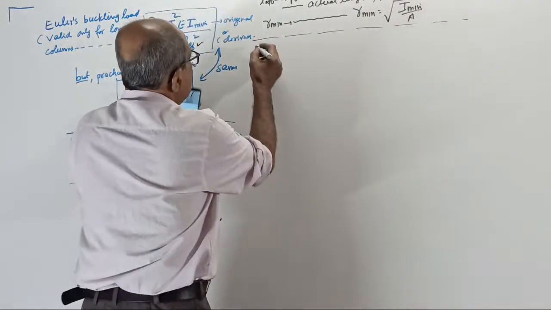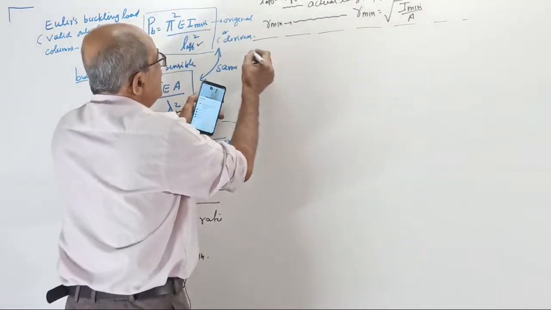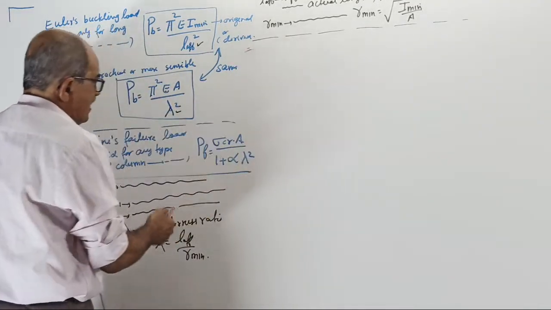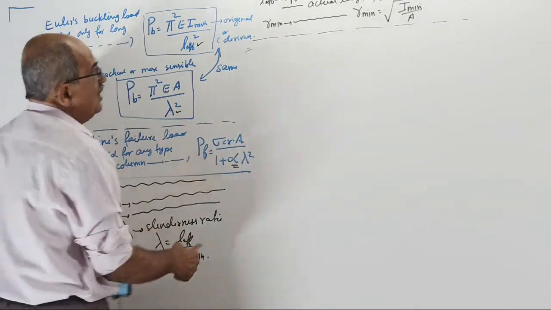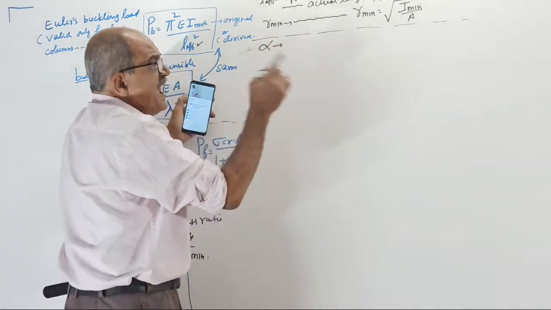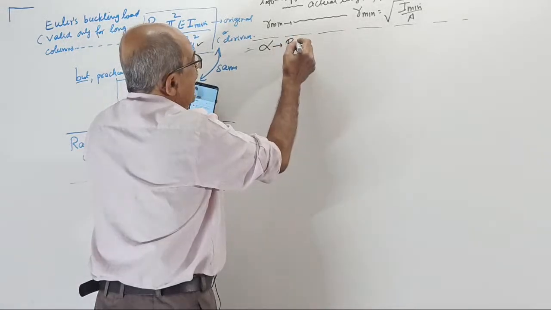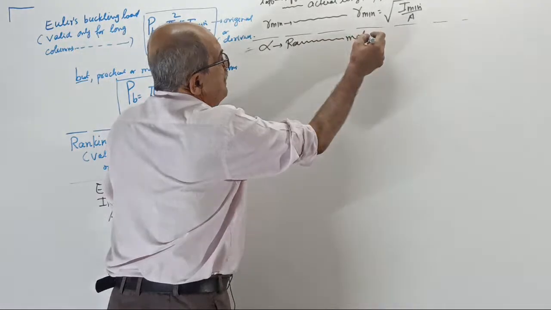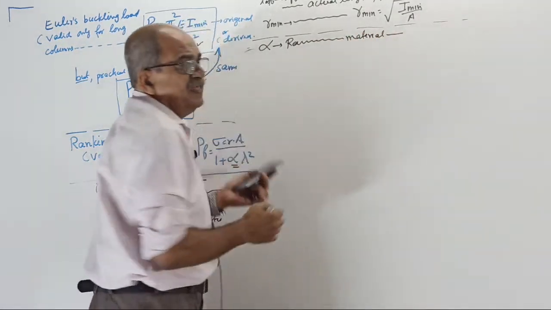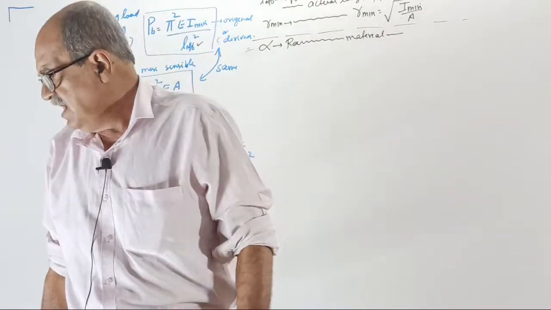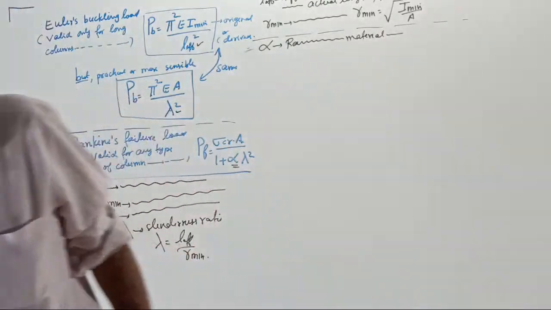Now next, some discussion. Remember, one important note. One thing is still pending: alpha. If you are applying Rankine's, alpha is Rankine's material constant. Remember, material constant. Some people spoil it. They give alpha for both ends fixed, alpha for both ends hinged.